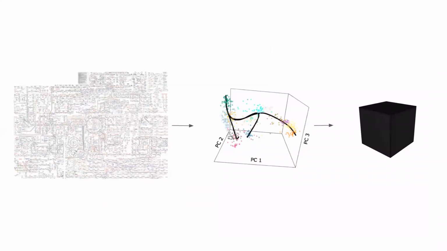So one way to model this maybe is if on the left you have this extremely convoluted metabolic network modeling the inner workings of a cell, and even this is a simplification of what's actually going on.